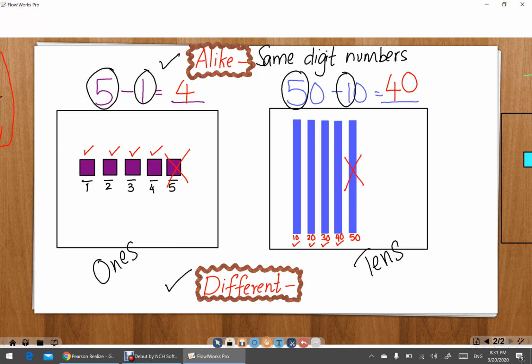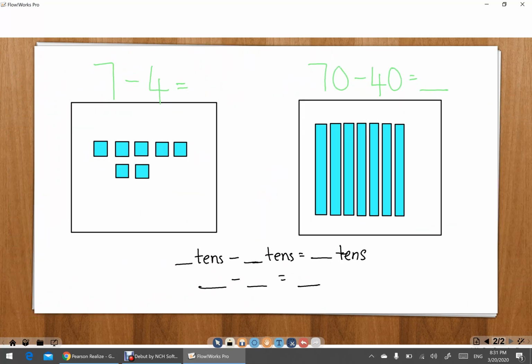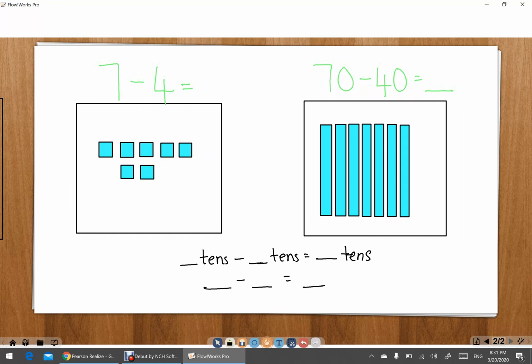Let's take another example. Now, here, 7 minus 4 and 70 minus 40. 7 minus 4. I have 7 cubes here. Minus 4, take away 4. So I have my cubes here. 1, 2, 3, 4, 5, 6, 7.